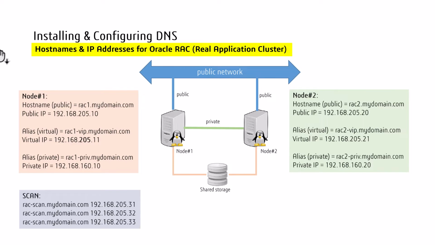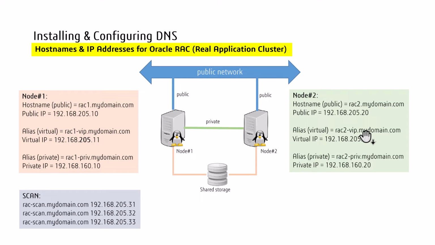All right. So here we will have node 1 and node 2, where the public host name will be rac1.mydomain.com, and for the other node it should be rac2.mydomain.com, and the public IP for node 1 will be 192.168.205.10. Similarly we have public IP 192.168.205.20 for rac2, that's node 2. Similarly we'll have the virtual host names, rac1-vip.mydomain.com and rac2-vip.mydomain.com.